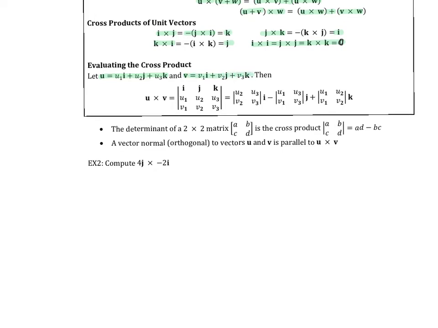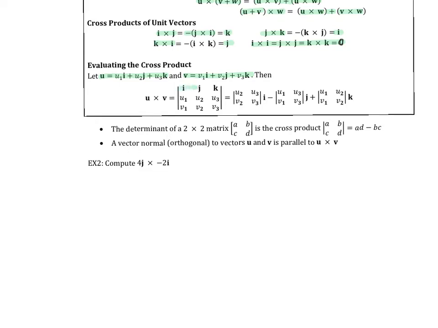So the coefficients on i j k for u are u sub 1, u sub 2, u sub 3, and then the coefficients on our vector v for i j k are v sub 1, v sub 2, v sub 3. So if you've had linear algebra, or you use these formulas in other classes, like your physics class, then this should be familiar to you. But if you haven't, when we compute the cross product, remember these are written in terms of i, j, k.